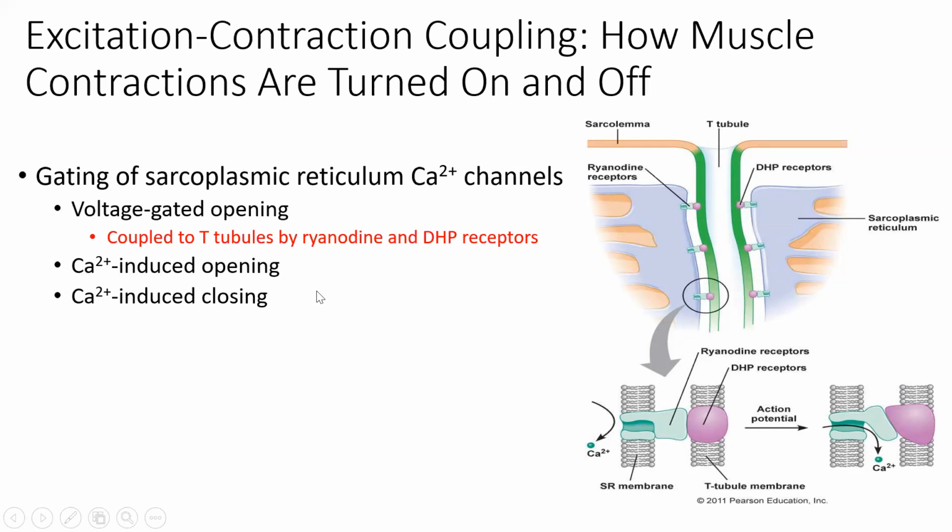So calcium is going to induce the opening of these channels. It's also going to induce the closing of these channels. So when there's too much calcium flooding the membrane for too long, that also triggers the closing of these channels so that, in a negative feedback type of way, we close the channels and prevent more calcium from being dumped into the sarcoplasm.